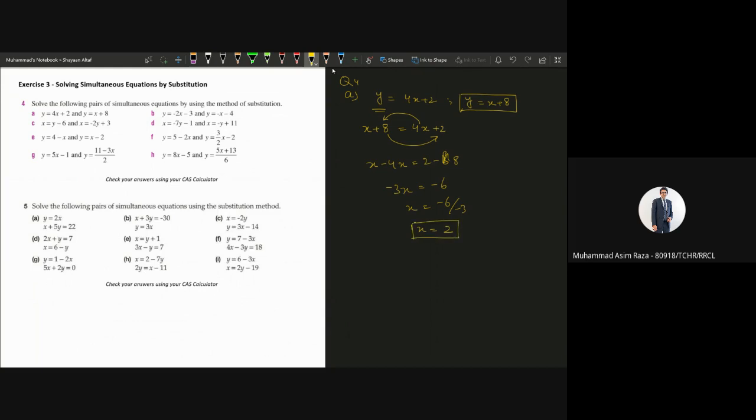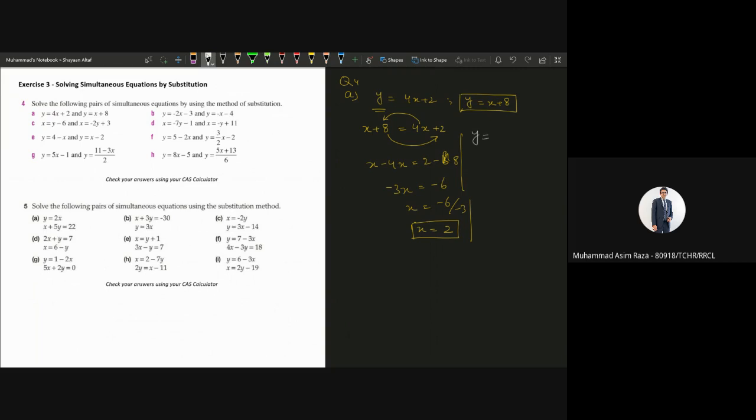Okay, so this is not a complete solution. When the examiner says solve the equation, we need to find out all the variables. And in these two equations, we have two variables, one is x and another one is y. So therefore I will put here: now you can put the value of x in any of these equations.